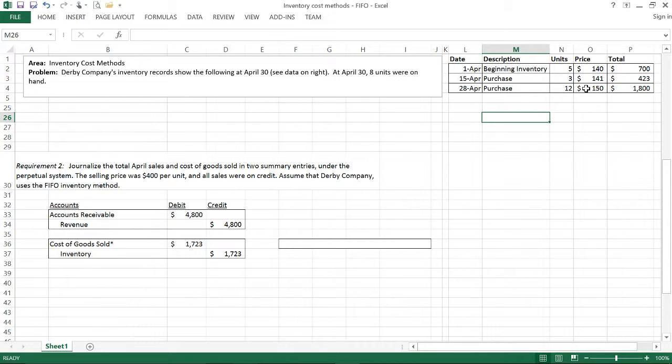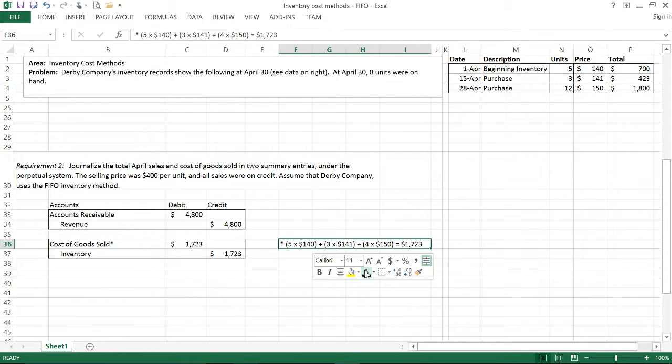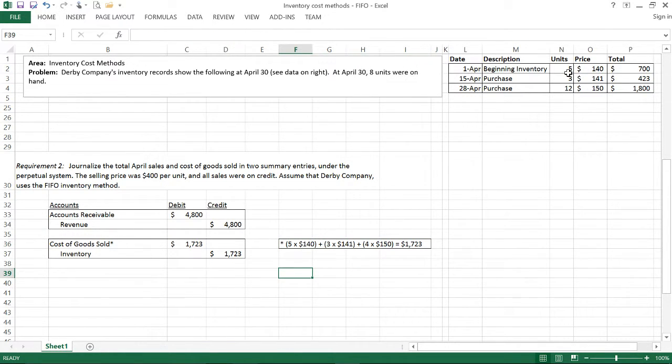We have that calculation right here. So again, the first 5 for $140, those went out the door first. The next 3 went out the door at 141, and the next 4, so we have 8 total here. We sold 12. So we have 4 left, and we have to take that out of this block of 12 for $150 each.